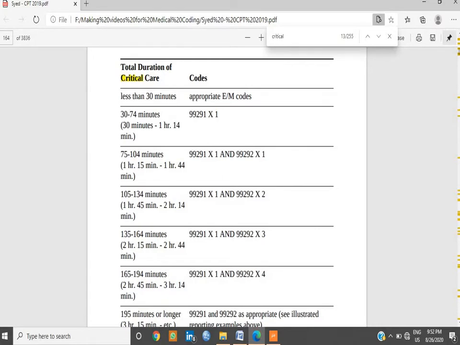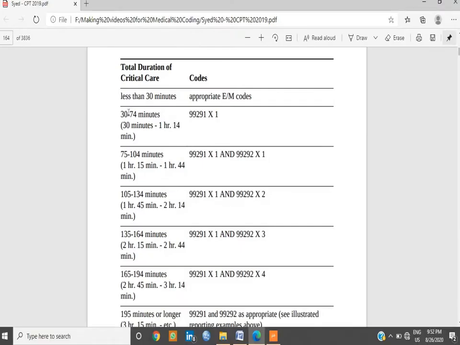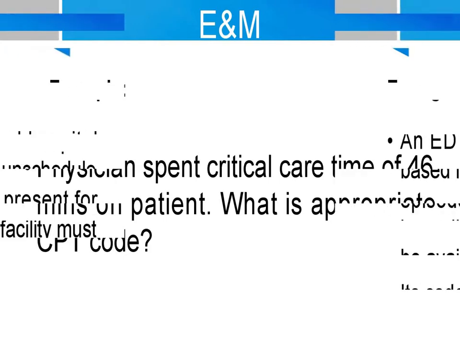Okay, got it? So for the question it is 46 minutes, so it comes under this bracket, so it would be 99291. Okay, let's move on to the next slide then.